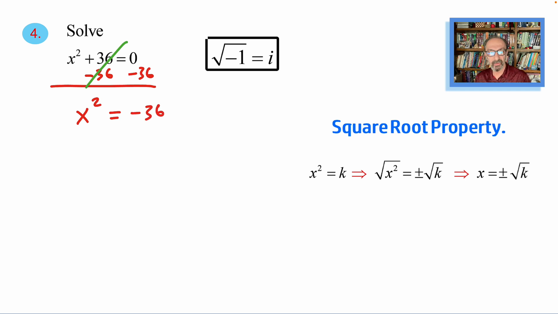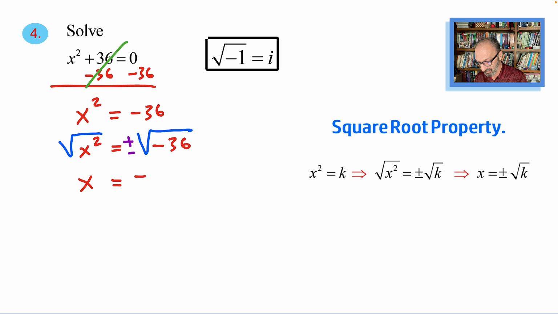Now let's apply the square root property. We have x to the second equals -36. Take the square root of the left side, the square root of the right side, and don't forget the plus minus. The left hand side is x by itself, the right hand side is plus minus square root of -1 times square root of 36.